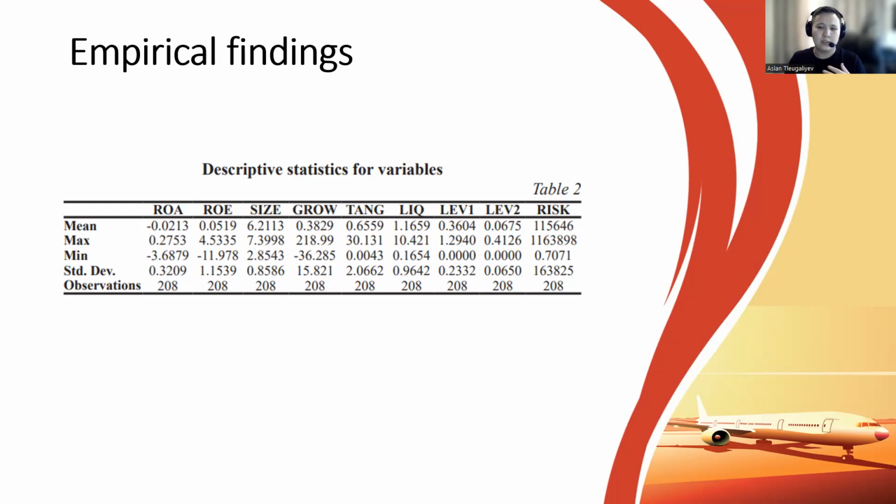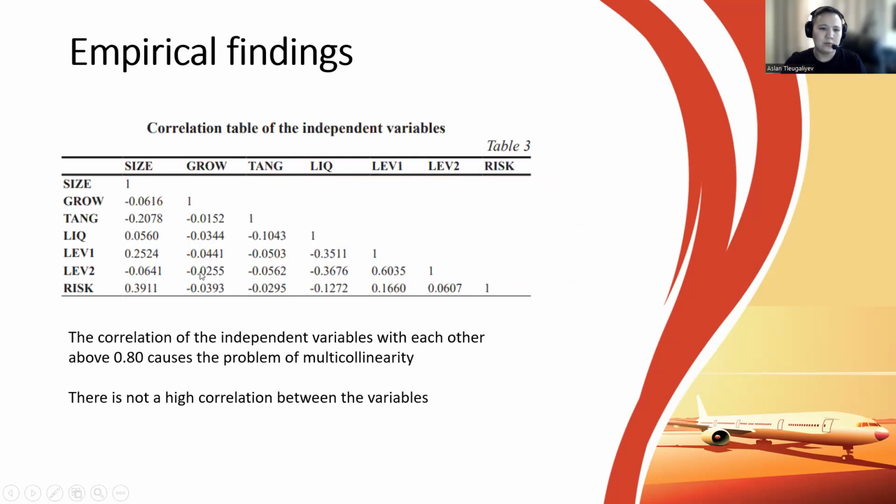And the standard deviation tells us how volatile a variable is for the given data set. For instance, we can see the most volatile variables are growth and risk. Number of observations is 208 for each column.